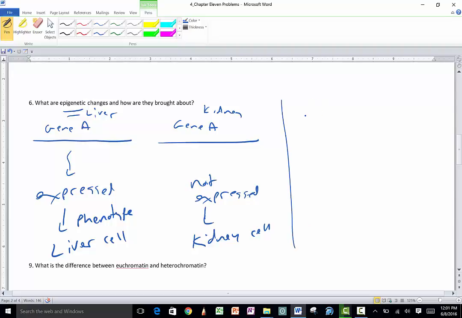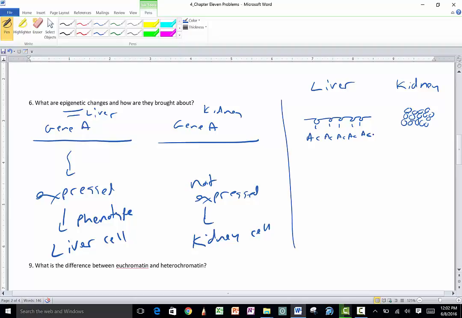And so epigenetic changes are if the gene in the liver cell is going to be loosely condensed, and the gene in the kidney cell is going to be tightly condensed. The reason for that is going to be, or one reason for that is, modifications of the histones.